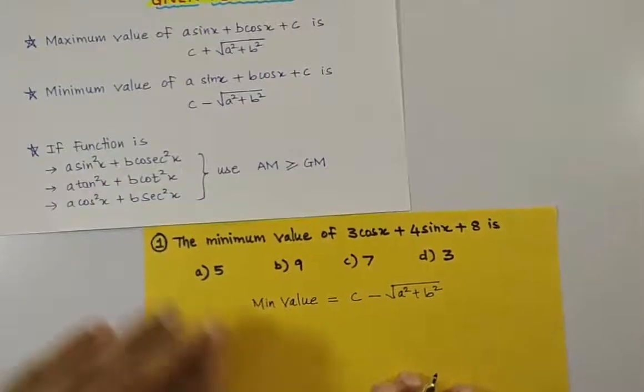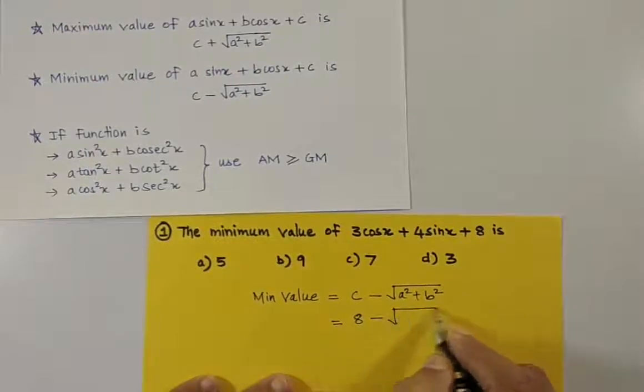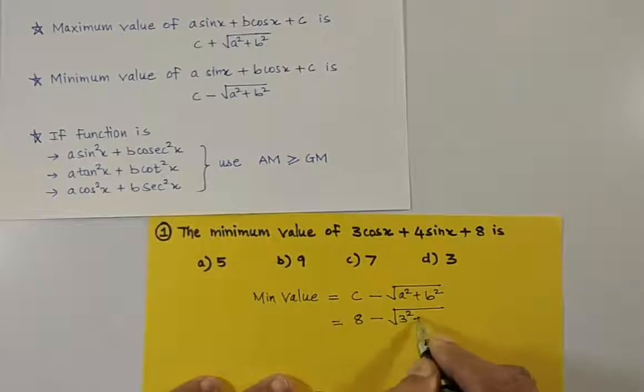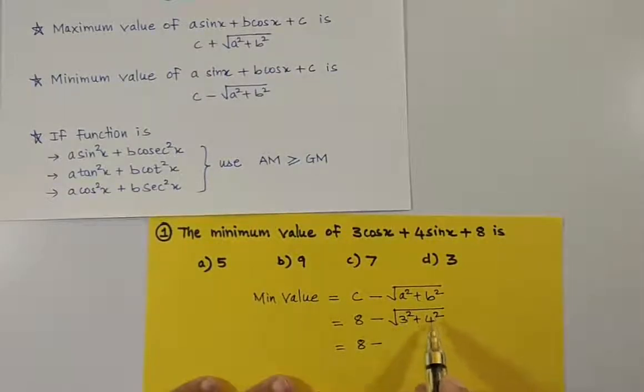Now substitute. This is equal to c, which is 8, minus root of the square of these coefficients, that is 3 square plus 4 square. If you simplify, 3 square is 9, 4 square is 16, you will have root of 25, which is 5.